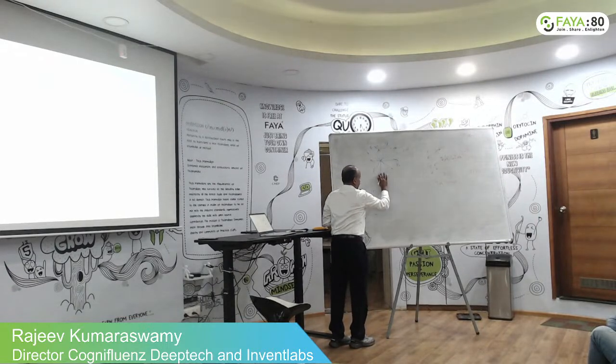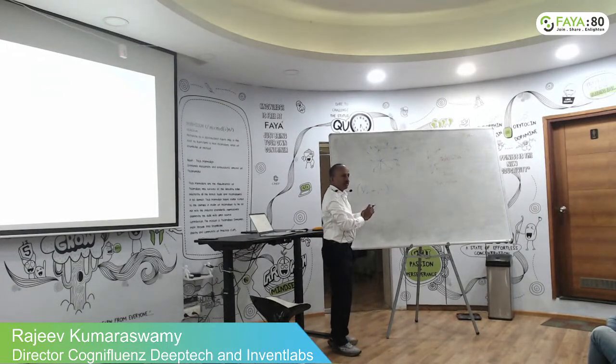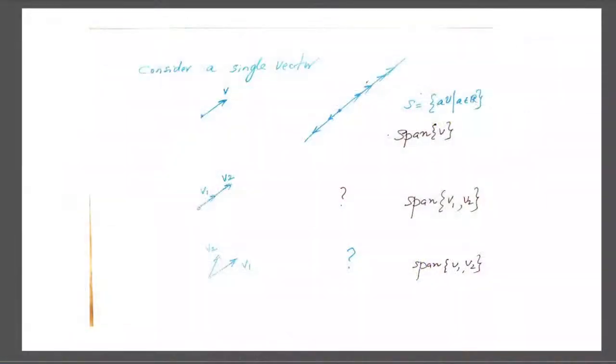So a set of any kind of objects where you can add any two of them and it forms a group, and there is a scalar multiplication defined over them, then we call them vectors. Actually 2D vectors are just one example of those vectors. There are so many other things that you can think about as vectors.